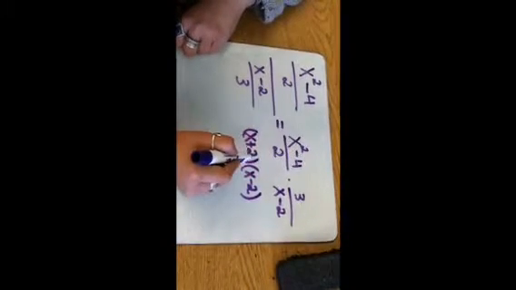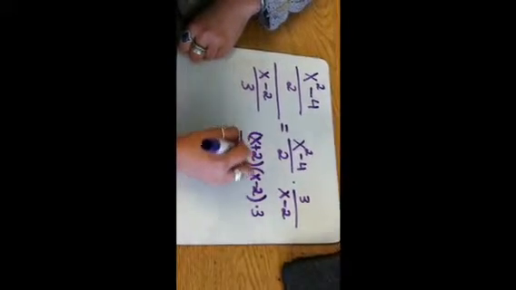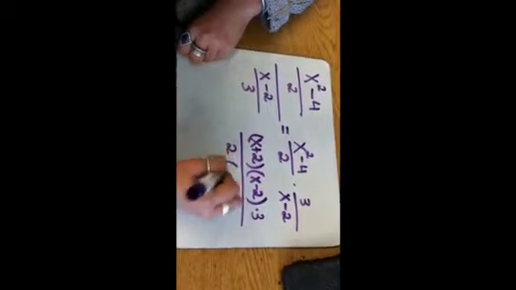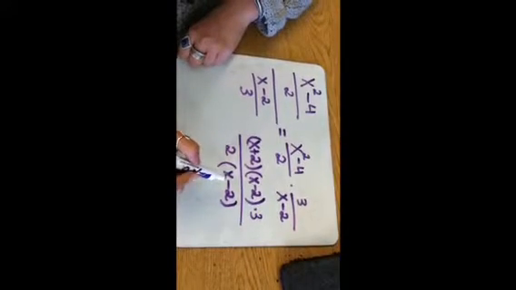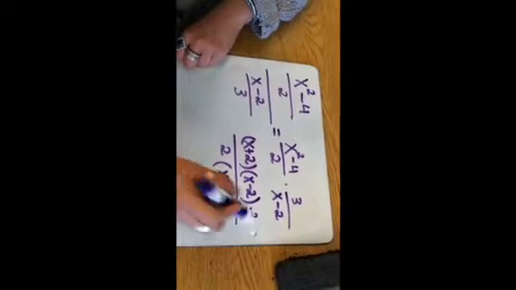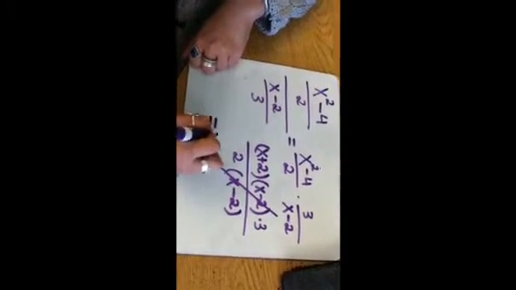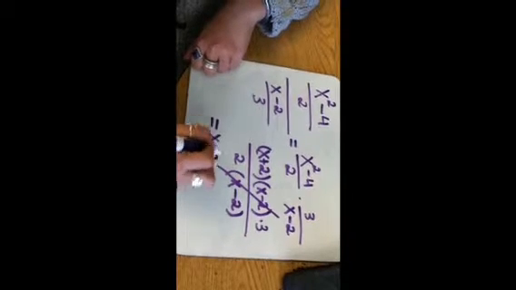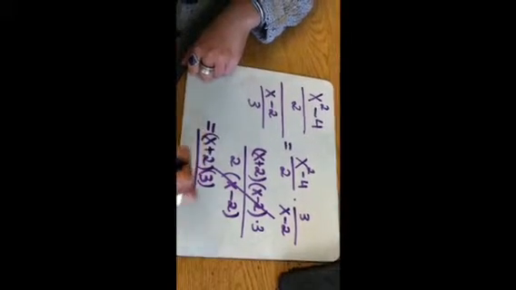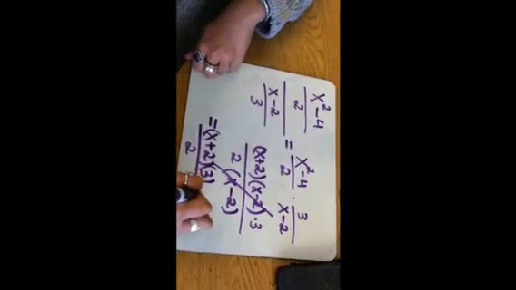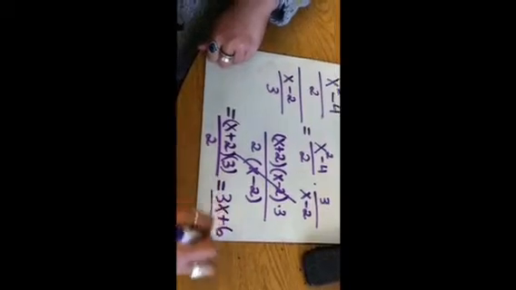We then multiply this by 3 over 2 times x minus 2. The x minus 2's are repeated in the numerator and the denominator, therefore they cancel out, leaving us with x plus 2 times 3 over 2, which then equals 3x plus 6 over 2.